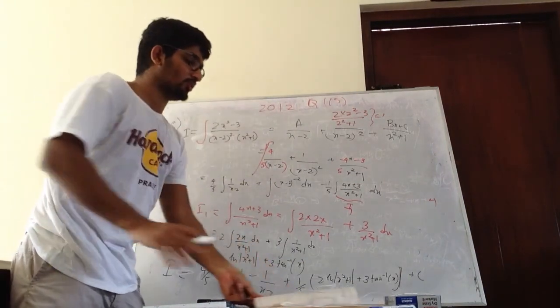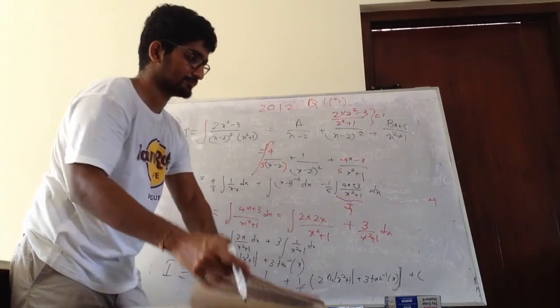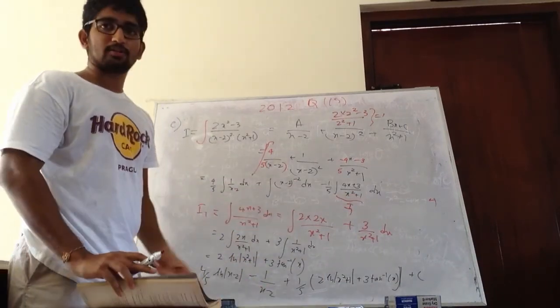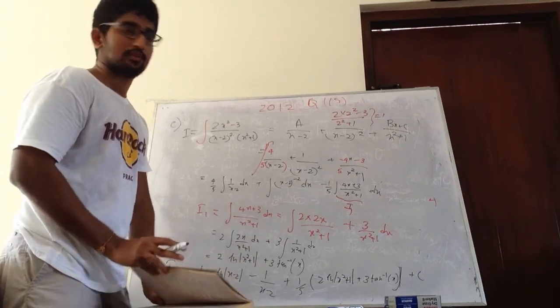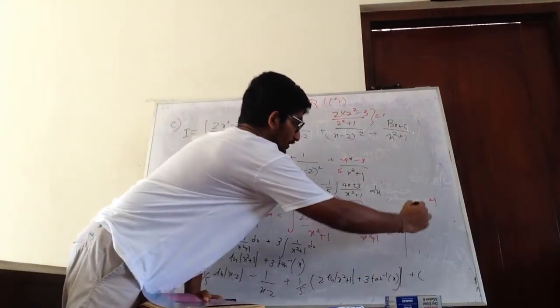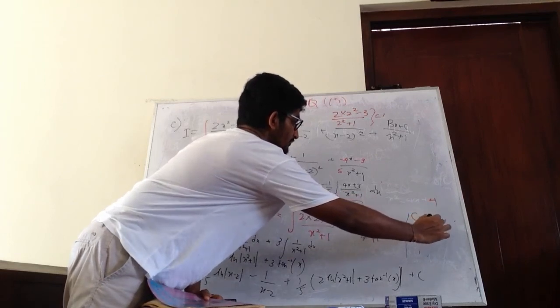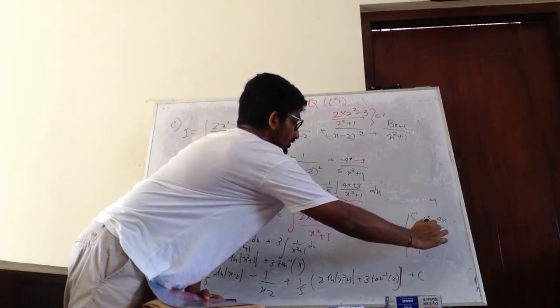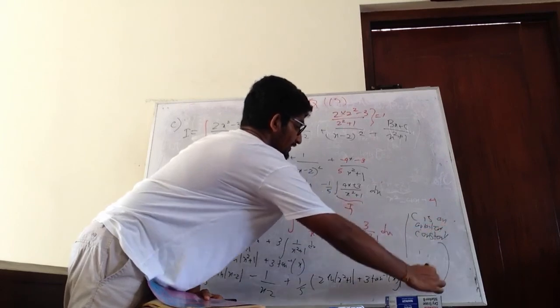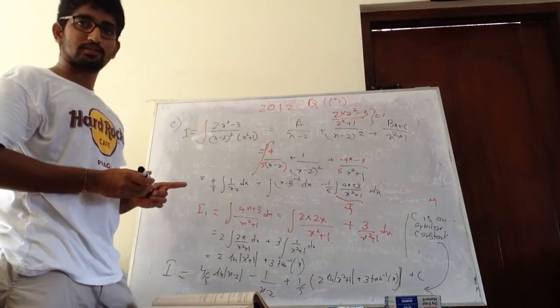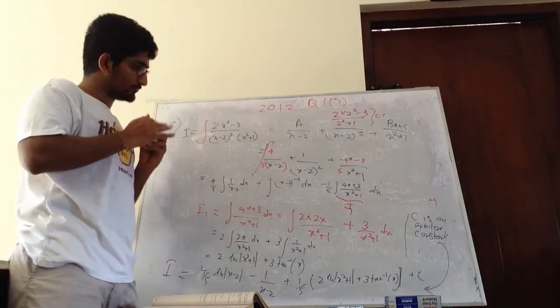So in the usual notation, you put C is an arbitrary constant. Right, so you have to write now, C is an arbitrary constant. So you write it. Right, so from that, this part is over.